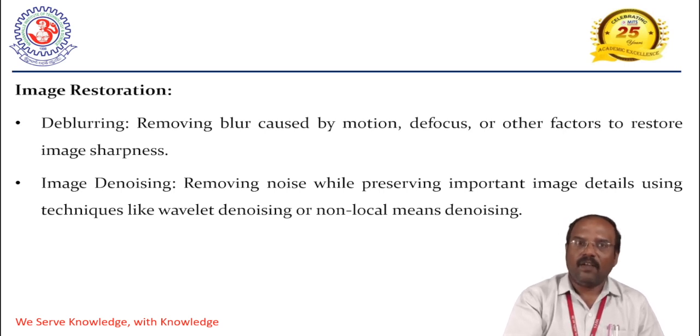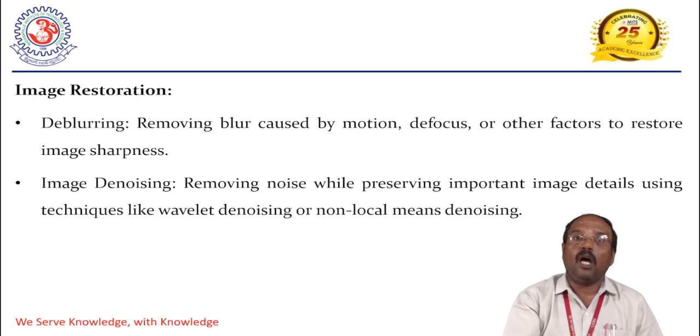And second, image denoising: removing the noise while preserving the important image details using techniques like wavelet denoising or non-local means denoising. People often go with the wavelet transform, and there are many methods, such as wavelet denoising or non-local means denoising. So this comes under image restoration.